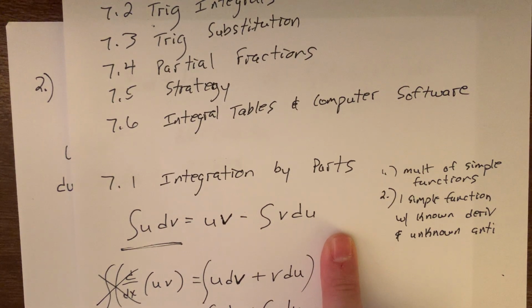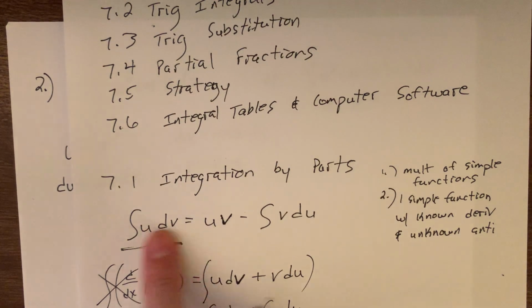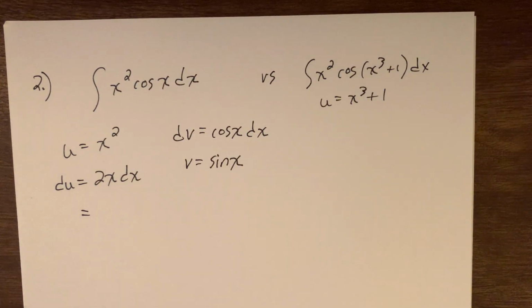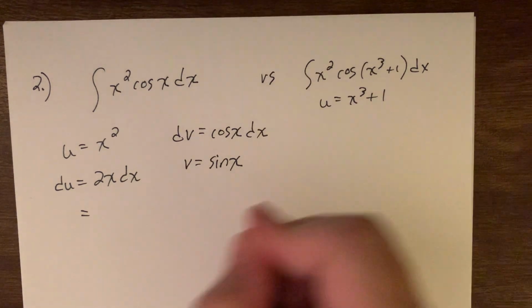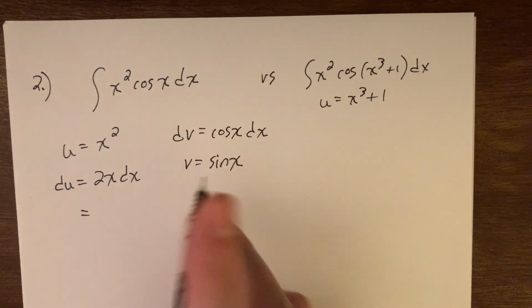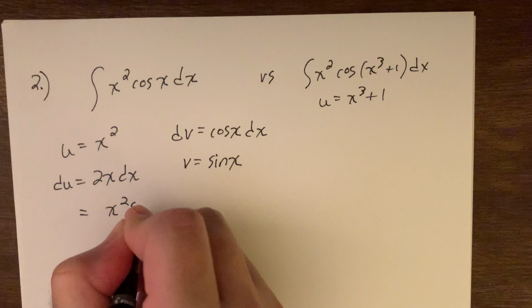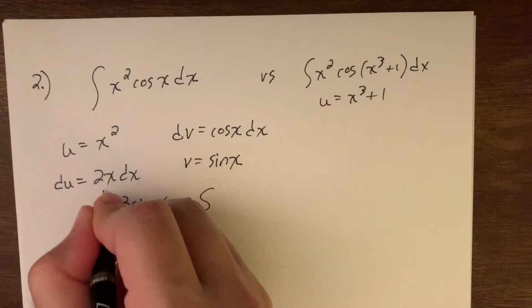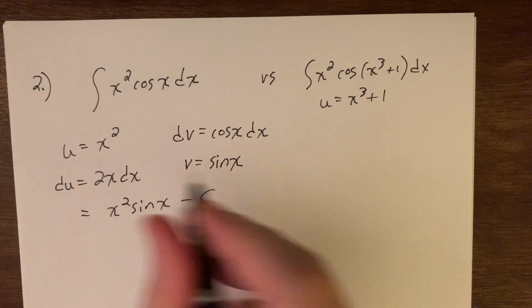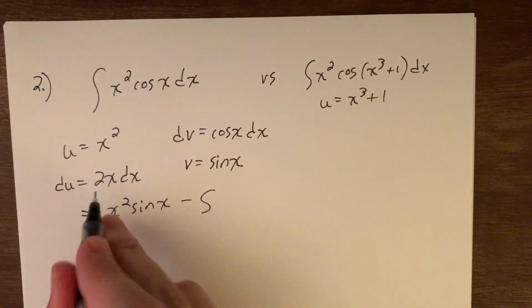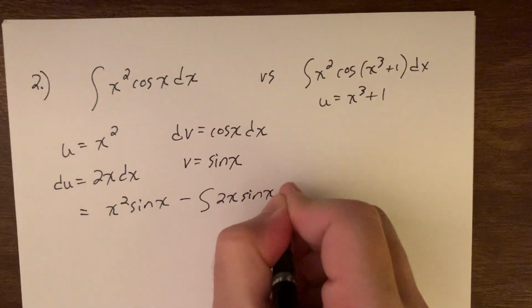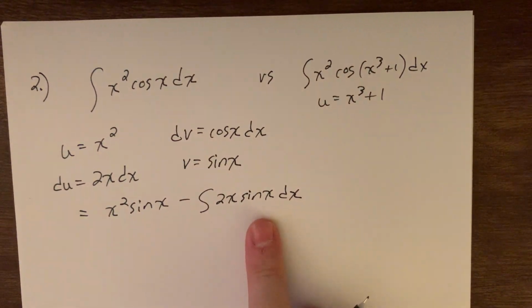And you'll get that good practice by writing it out, not by just going back and looking at it, but by writing it out, that repetition. So we're looking at u times v, so x squared sine x, minus the integral v times du, and just cleaning that up a little bit, v times du, I'm going to write as 2x sine x dx.